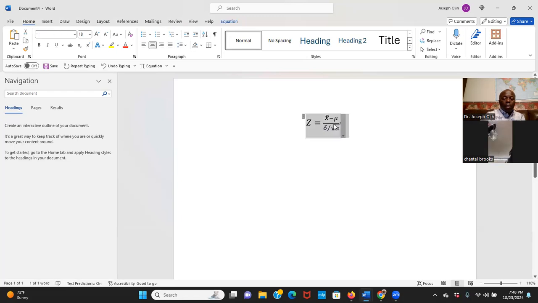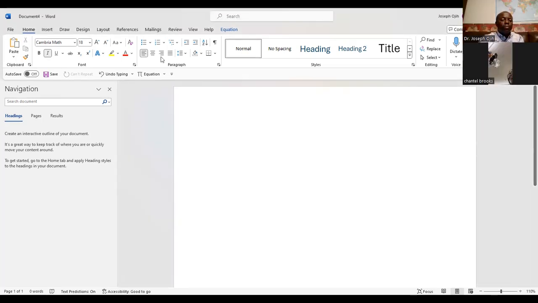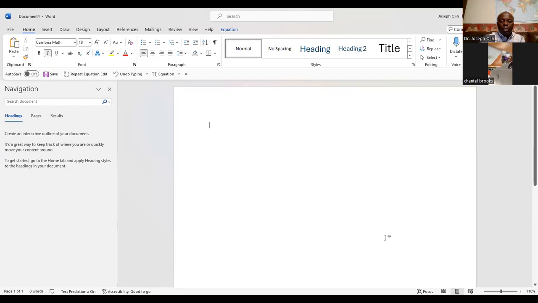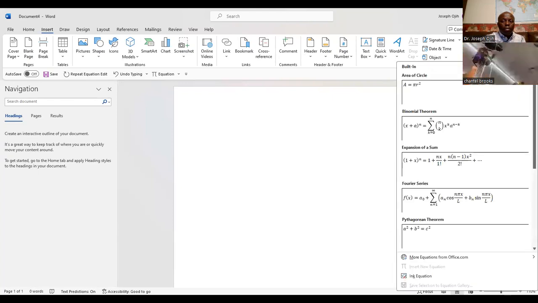Since it's doing this, I'm going to type it manually. It's giving me trouble. Let me type it manually. Okay, let's see why it is doing this.